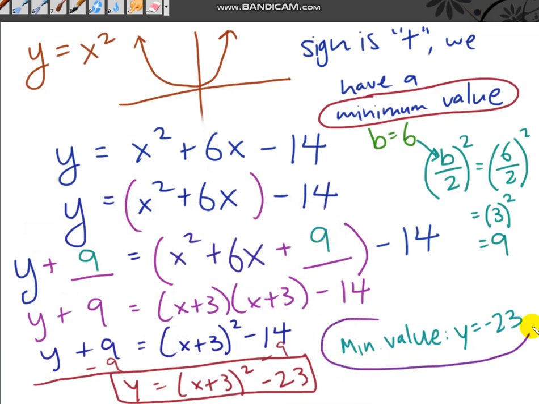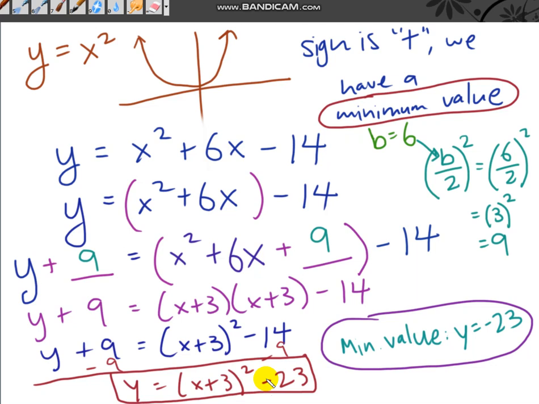So we got y equals negative 23. And that is shown by just looking at that number right there. That's the neat thing about this thing called completing the square, if you're wondering. It tells you the minimum or maximum value of a parabola.